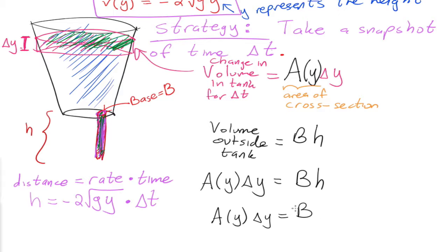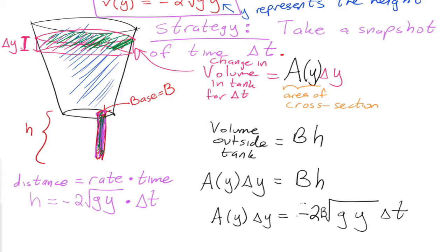I'll put the 2 in front. So I have negative 2b square root g y delta t.